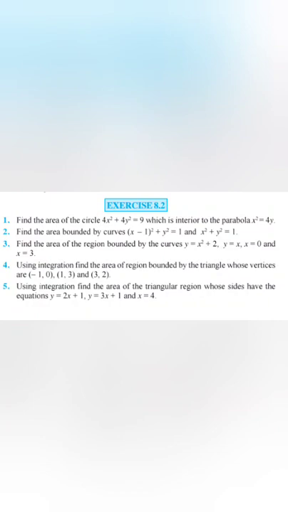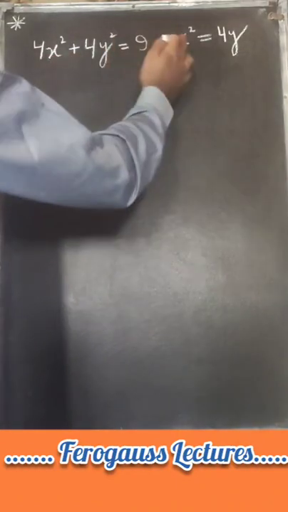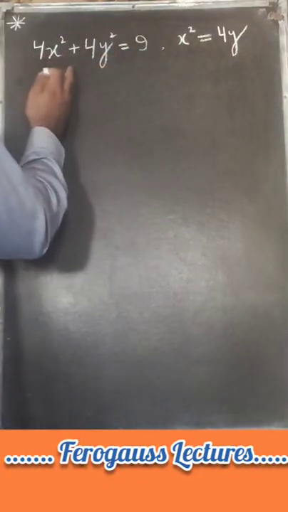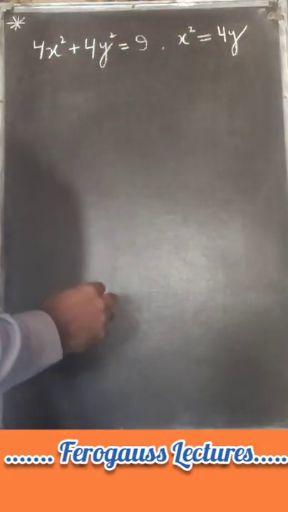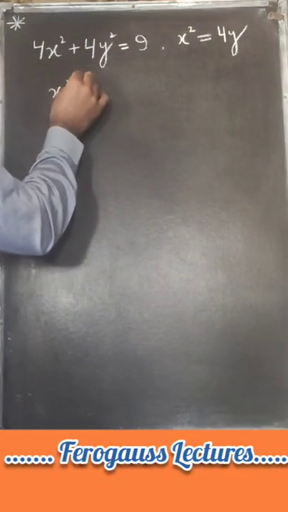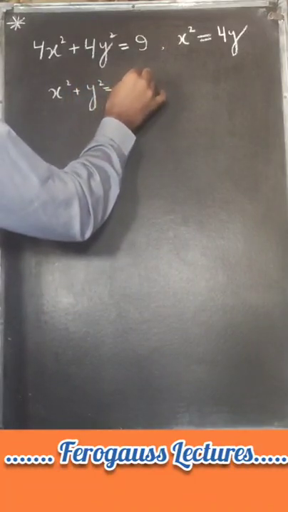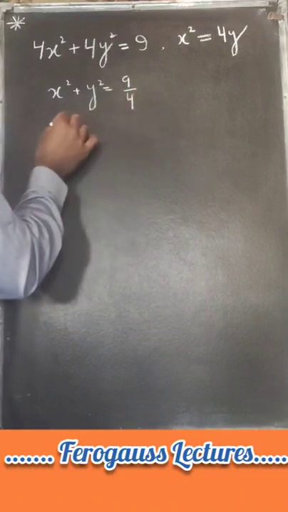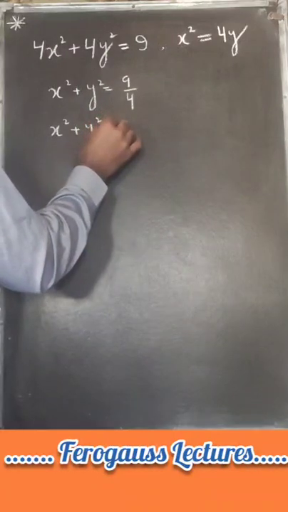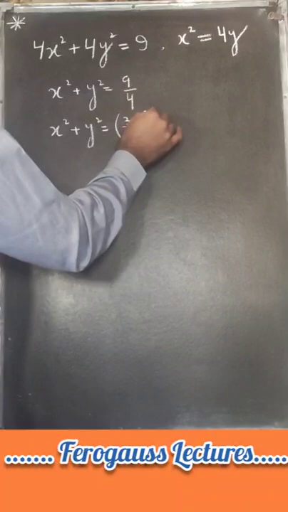Let us find it. Now, to find area of the circle which is interior of this parabola, we'll first draw the circle and the parabola. Now from this equation we can write x square plus y square equal to 9 by 4, or x square plus y square equal to 3 by 2 whole square.